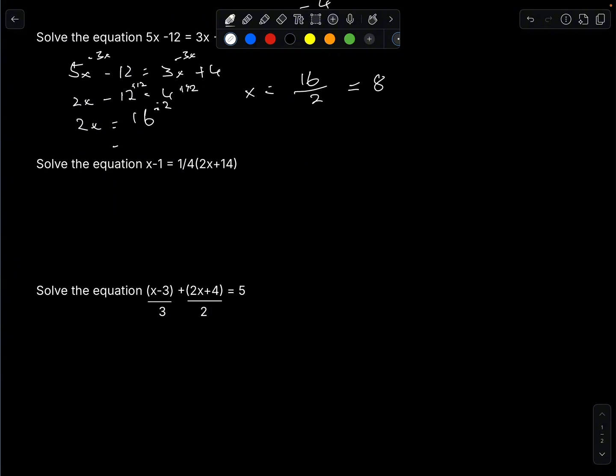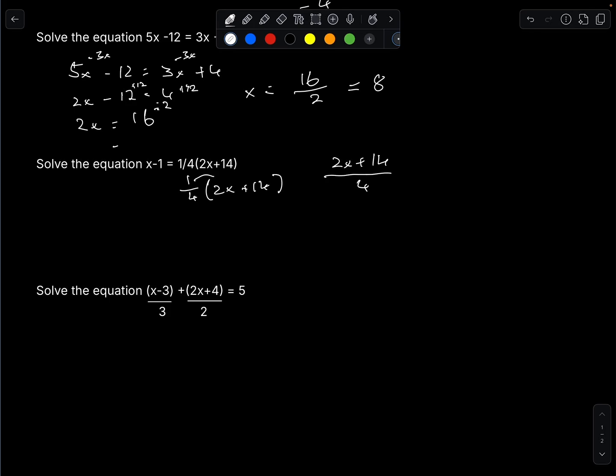Okay, this is where it gets a bit tricky now, because we have a fraction. So I'm going to rewrite this just so it's easier to see. So this is our fraction. 1/4 times 2x plus 14 can be written as 2x plus 14 over 4, because we're multiplying the numerator, which is 1.